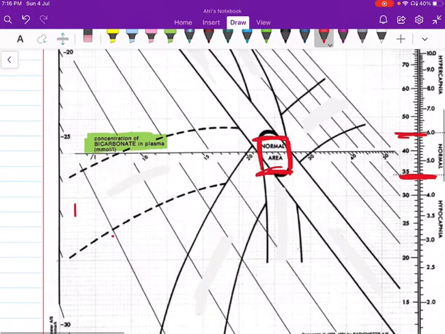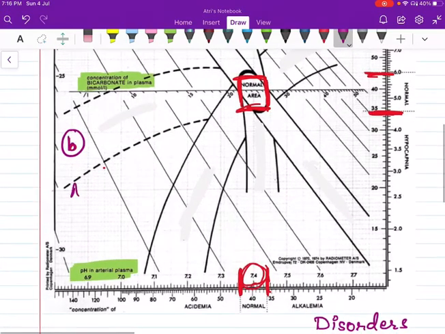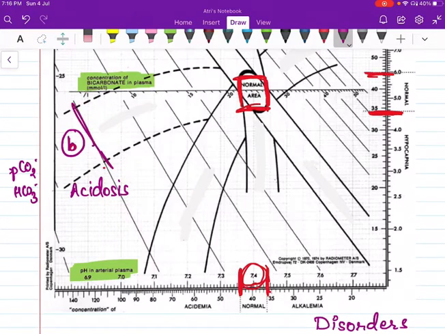Now coming to point B. Let me take a different color here. Now point B. Again, this is definitely acidosis. What about PCO2 and bicarb concentration? We have to trace bicarb along these lines. Okay, so bicarb is less than 10, so bicarb decreased.